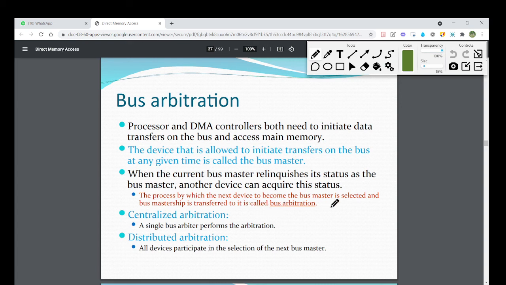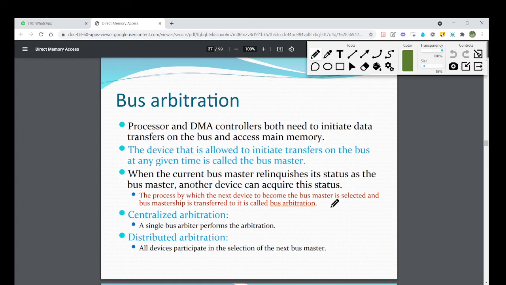So the bus master keeps on changing. Sometimes the processor can be the bus master, sometimes the DMA controller, sometimes any other device can also be the bus master. It is the bus master because it is using the bus.